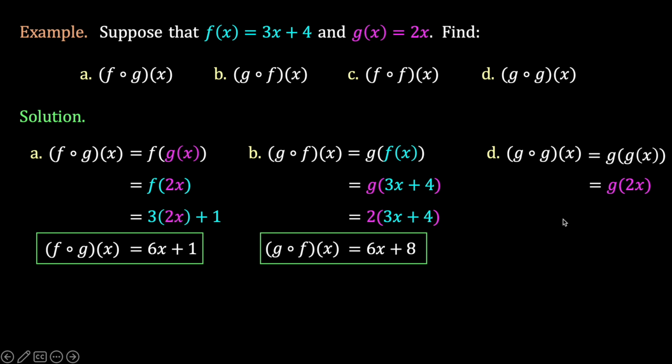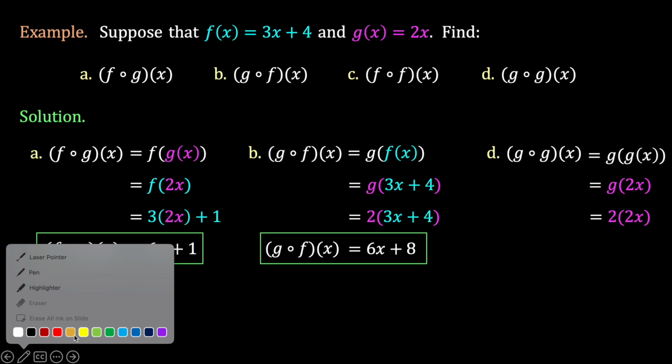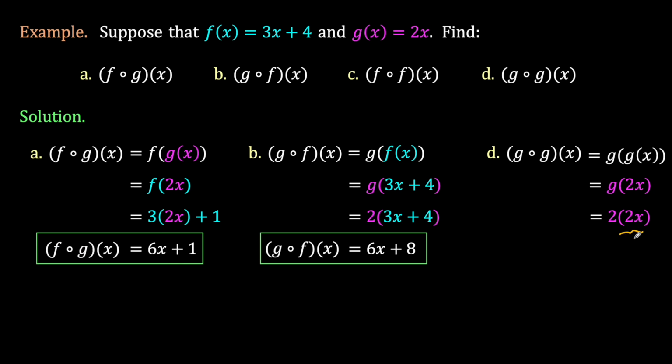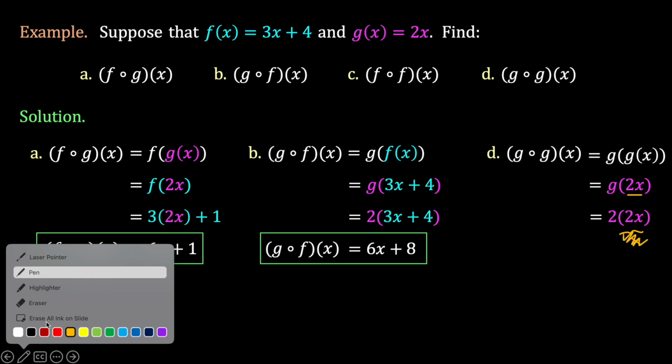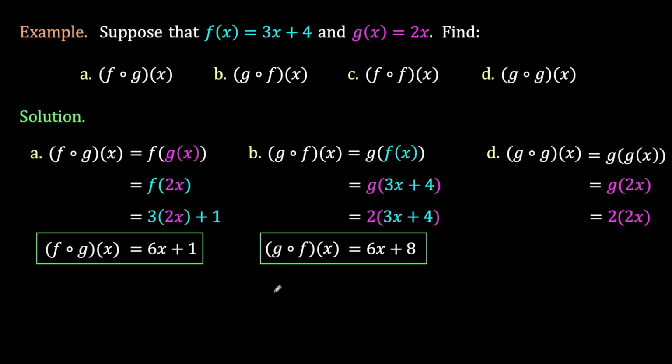So we have 2 times some quantity, which is x. But the input is 2x, so we have to replace x with 2x. Now, 2 times 2x is just equal to 4x, and this is our final answer.